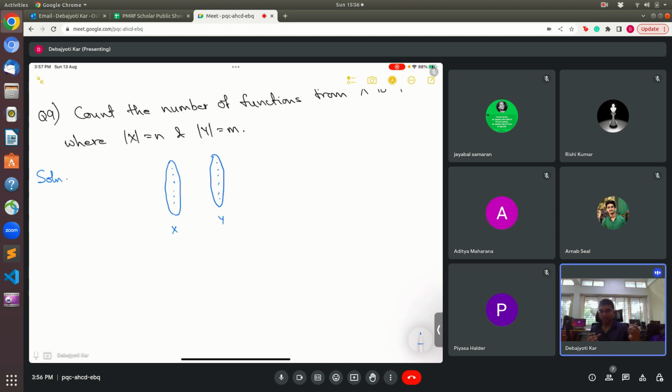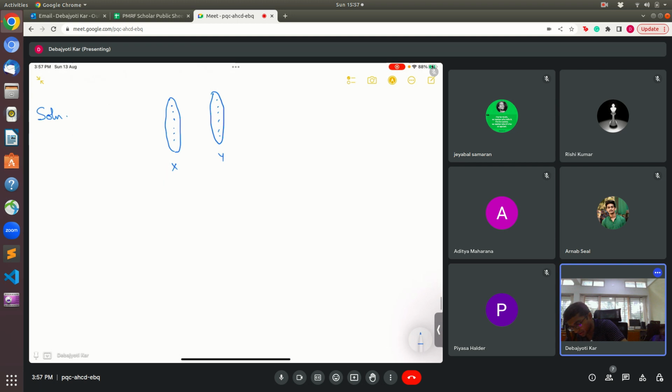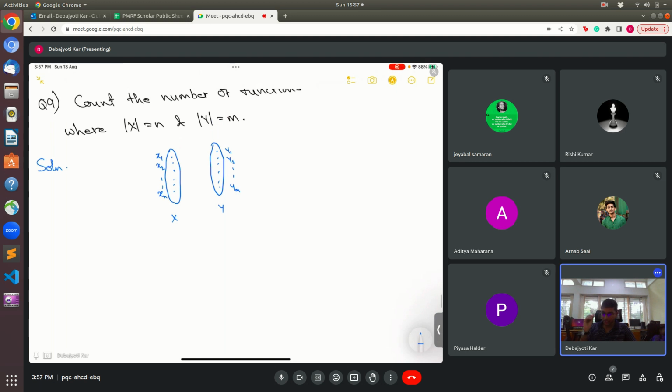So now what is a function? A function is just a mapping from x to y. Let the elements of x be x1, x2 up to xn, and the elements of y be y1, y2 up to ym. So what does a function do? A function maps each element of x to some element of y. So let's consider x1. Since there are m elements in y, a function can map x1 to any of these m elements.